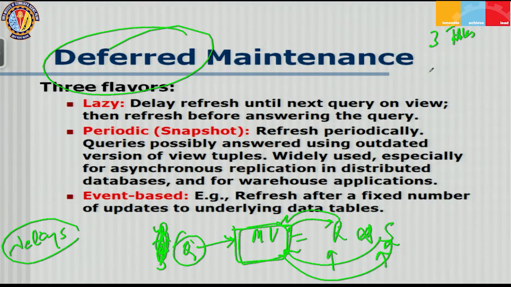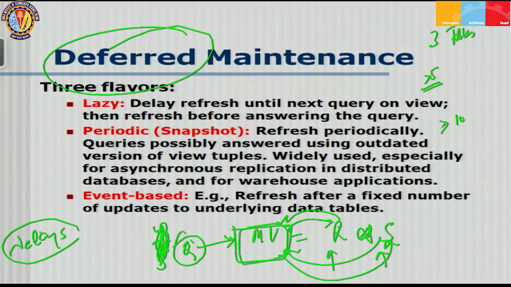I can put a threshold saying that if there are more than 5 updates on each table, then only I would update the materialized view. Or I can say if the total number of updates exceeds 10, then only I'll update the materialized view. Like this you can define events which would trigger the update process of the materialized view. So all these three deferred strategies have their own pluses and minuses, right?